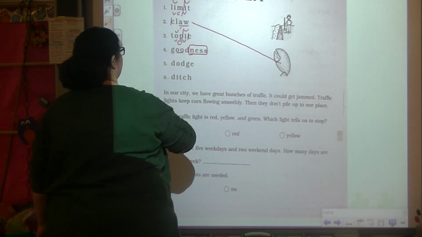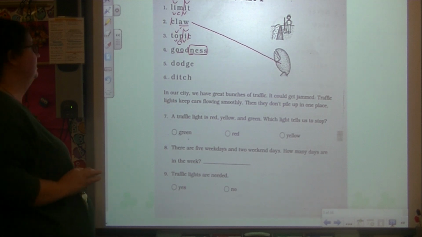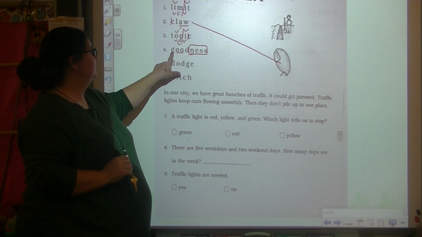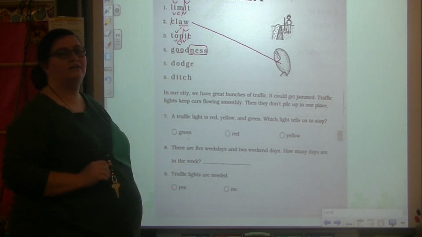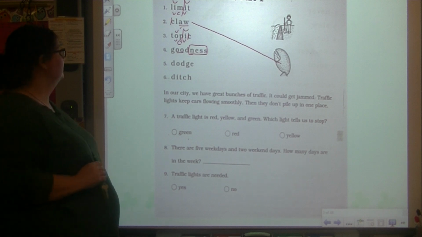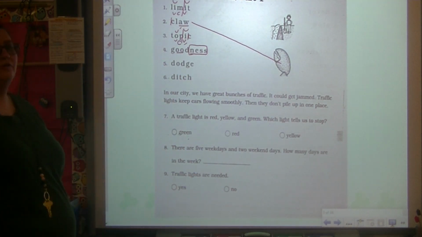All right, we have O-O. Let's sound it out. Goodness. What word? Goodness. Well, I forgot to put my accent on the root word.